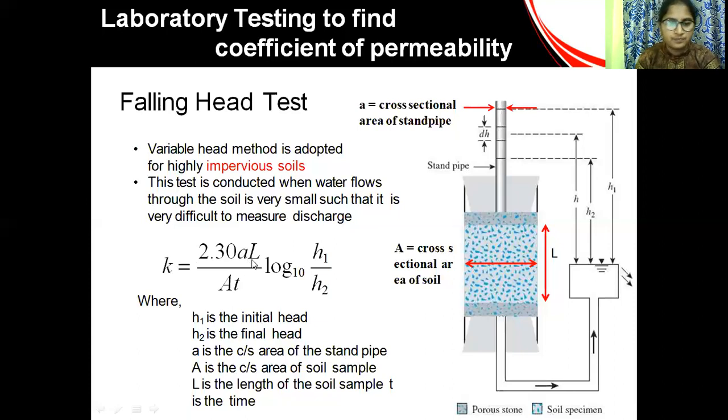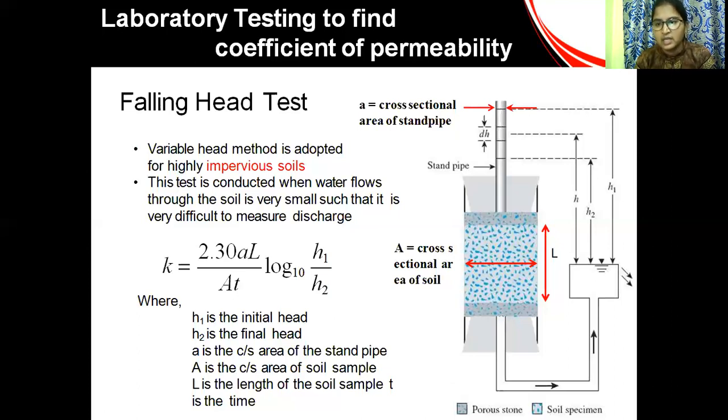So what is the procedure? This one is a porous stone. The same mold will be used as in the constant head permeability test. Two porous stones will be required. Why? Because water is pumped directly through the soil in fully saturated condition, so the soil could be eroded.